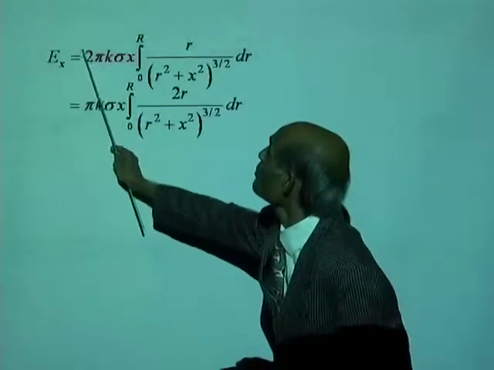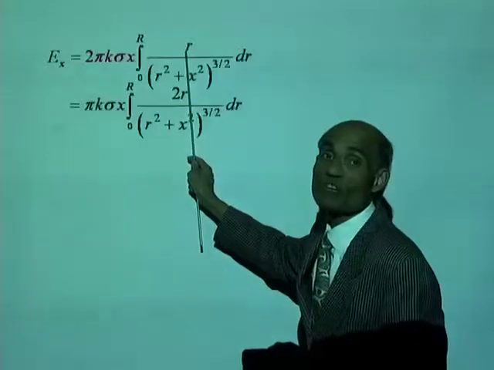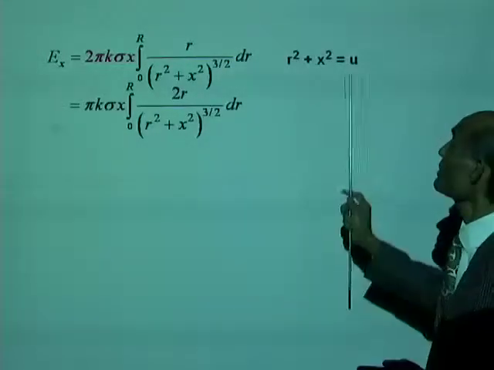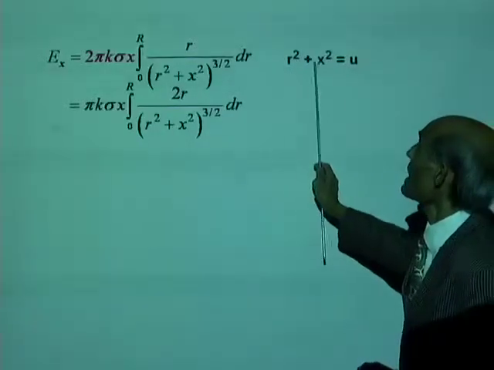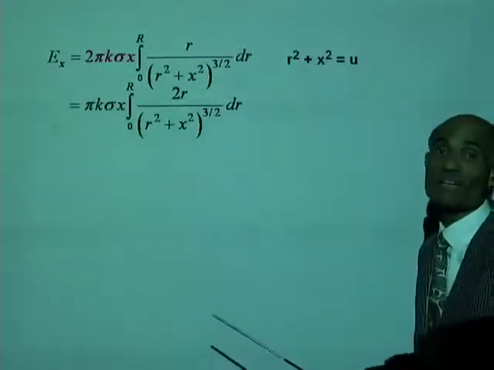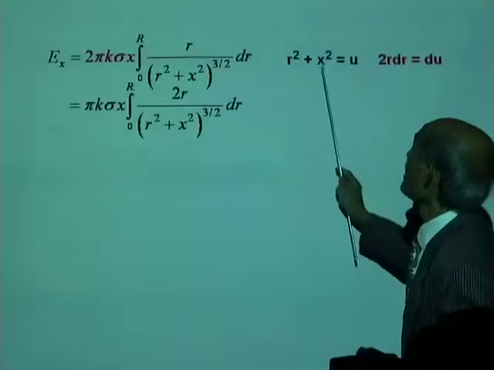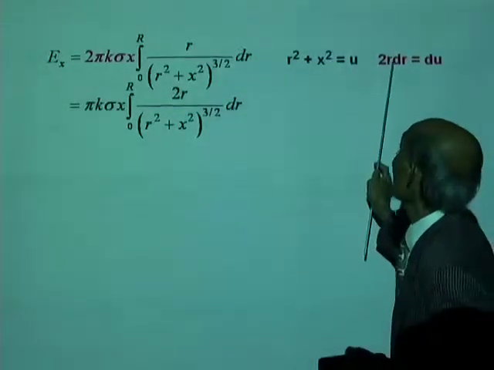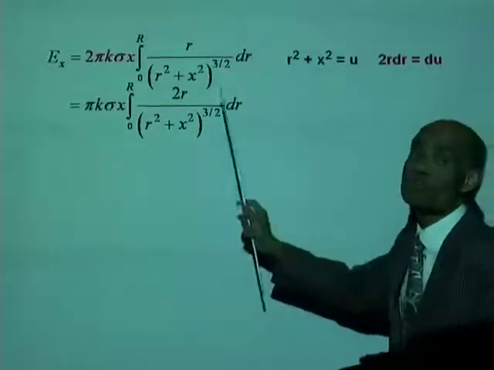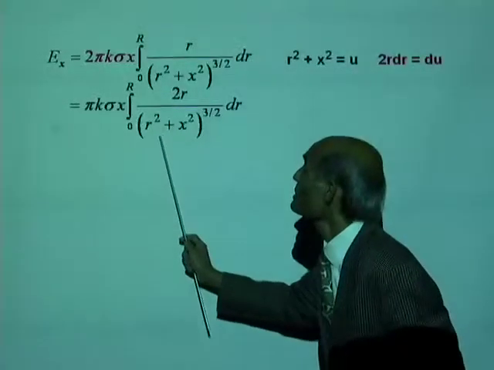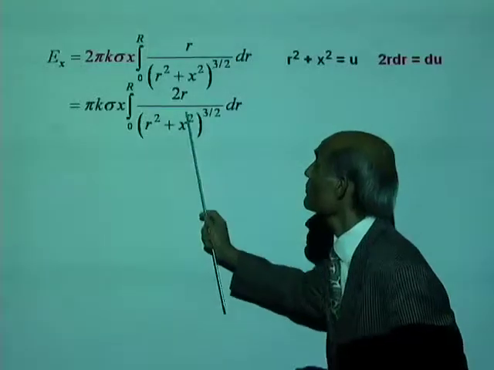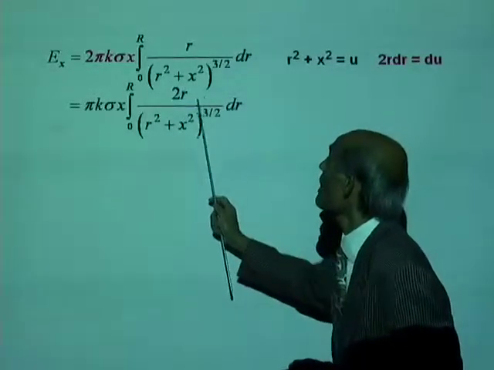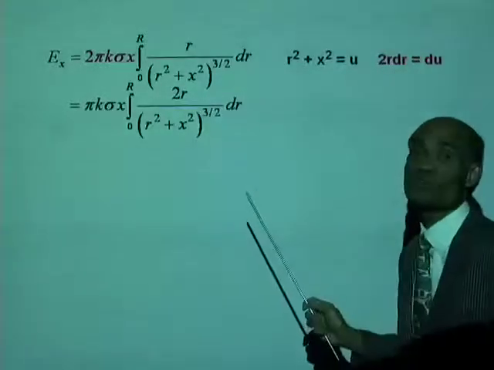I brought this 2 inside for convenience because I'm going to use a substitution to do that integration. Substitute r squared plus x squared equal to u. If you take the differential, remember x is a constant: 2r dr equal to du. So when the denominator r squared plus x squared is u, the numerator 2r dr will be du.